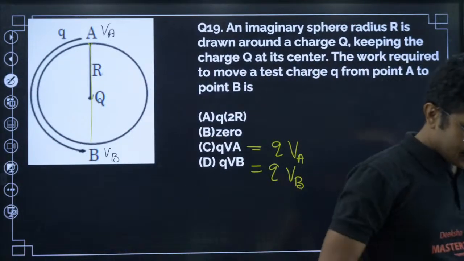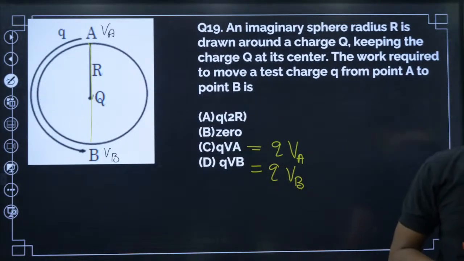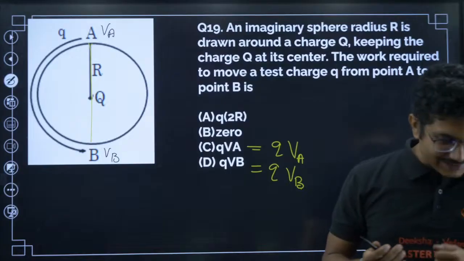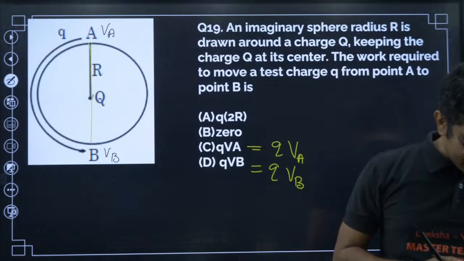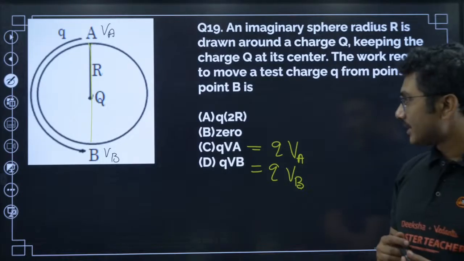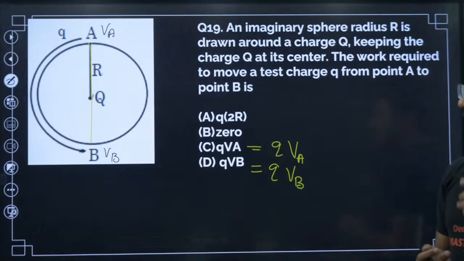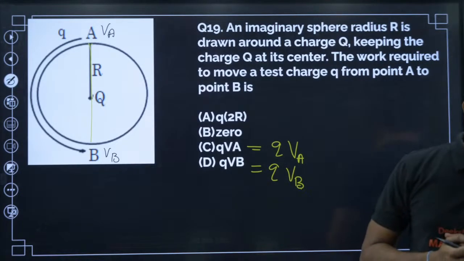Let's see who can answer this. Cassette warrior says 0. Tarun is saying 0 again. Except Mohan Kumar, everyone answered it correctly. Yes, it will be 0. Now why is it 0? Can someone answer it?